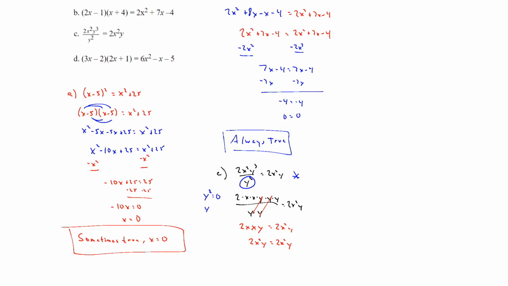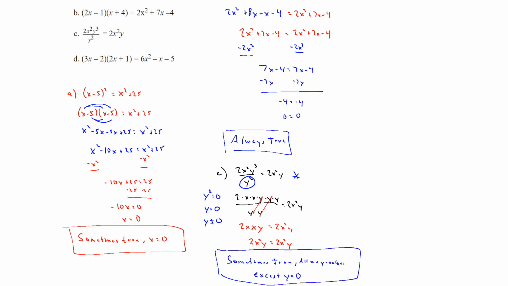That number would be 0. So that means y cannot equal 0 because we'd have to divide by it. So it's a little tricky though, this would actually be sometimes true, and it's true for all x and y values except y equals 0. And so there you go. So that one you just got to be a little careful with, especially with the original having division.